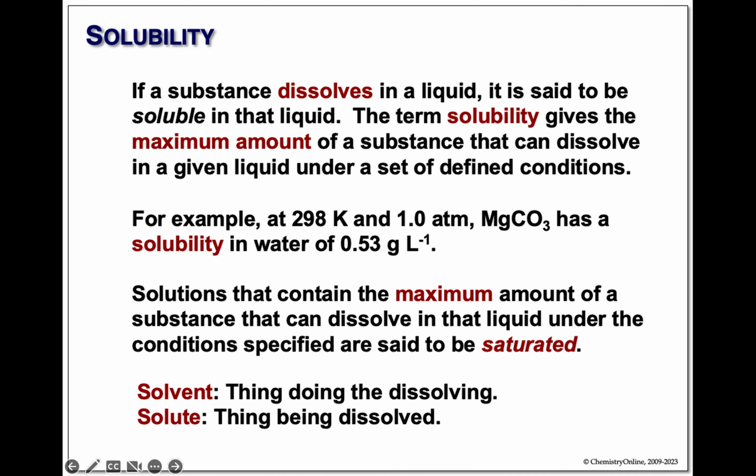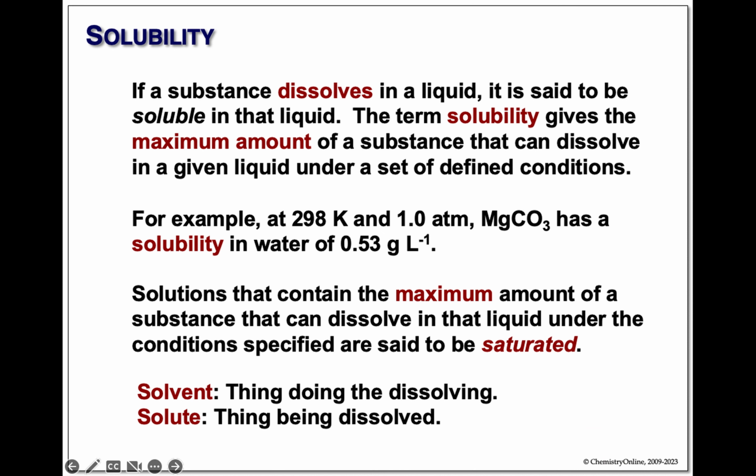But if we're at room temperature in the room, magnesium carbonate, you have a liter of water. You can dissolve 0.53 grams in that 1 liter. That is its solubility.